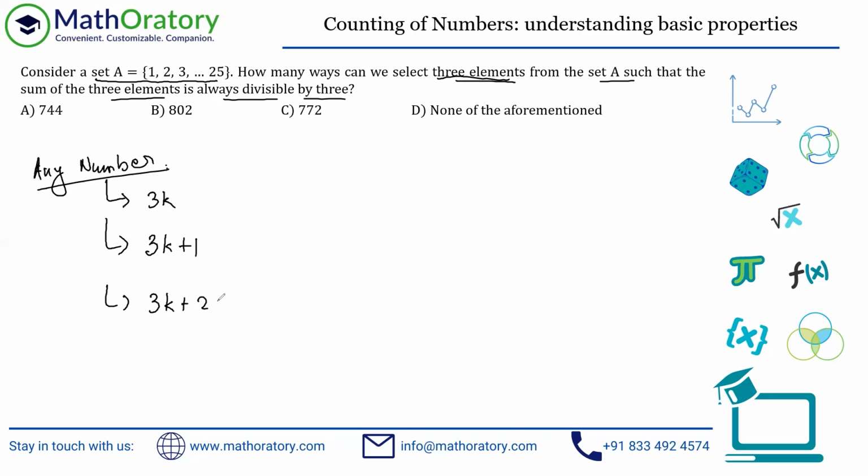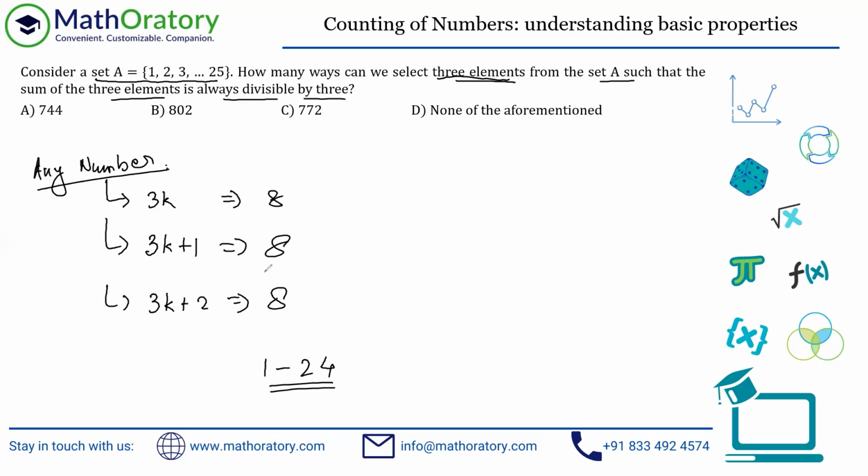And now just group how many numbers are of each form. In this case, what I typically do is look for the highest multiple of 3 that I have, since it starts with 1, of course. So the highest multiple of 3 that I have is 24. So I look at 1 to 24. From 1 to 24, I'll have 8 numbers of each type, right?